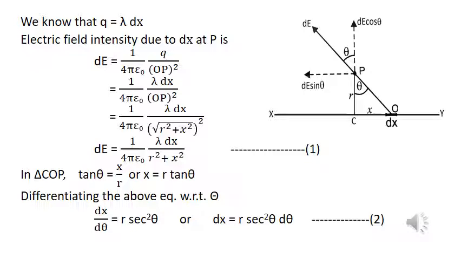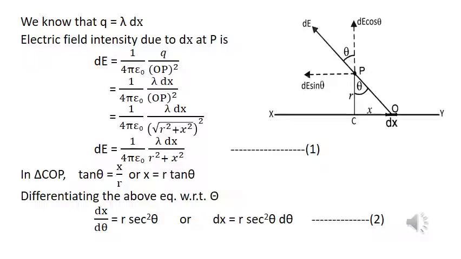Electric field intensity due to dx at P can be written by using Coulomb's law, which is dE is equal to 1 by 4 pi epsilon naught Q by OP square. Here, by putting the value of Q and OP in the equation, we get dE is equal to 1 by 4 pi epsilon naught lambda dx upon r square plus x square.